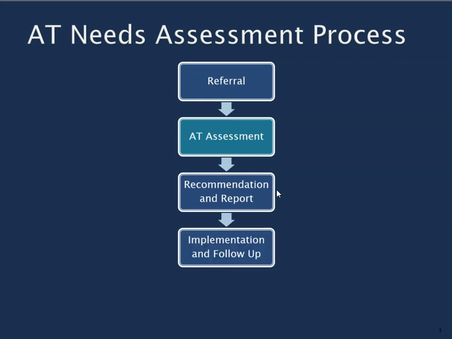And then from there, we have an implementation phase, training and so forth, follow-up, and a follow-along. And this is in the context of assistive technology interventions that would be used for the duration of the client's life. So it's important to factor that in as well.